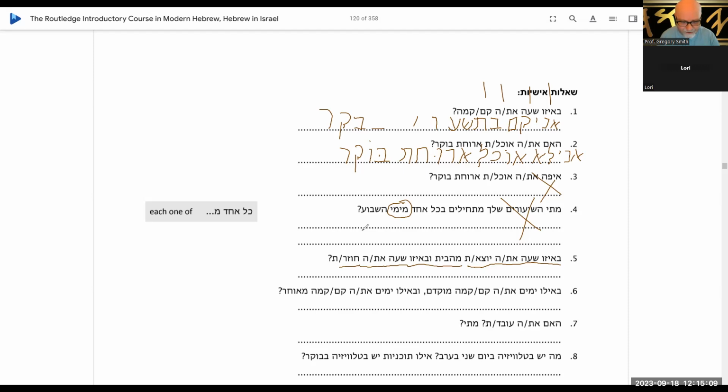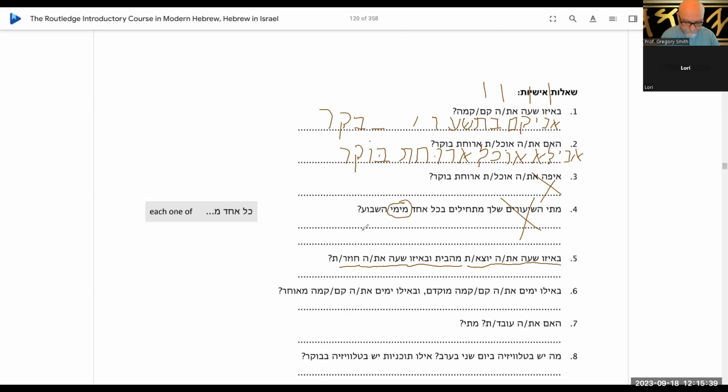Uva ezo. Okay. So it's going to be yotzea. What time do you leave, and then it's going to be hotzer. What time do you return? That's right.